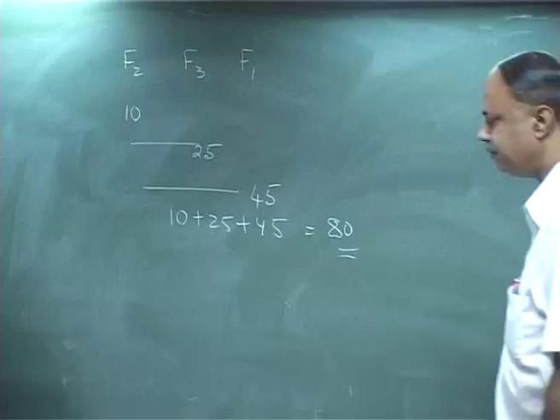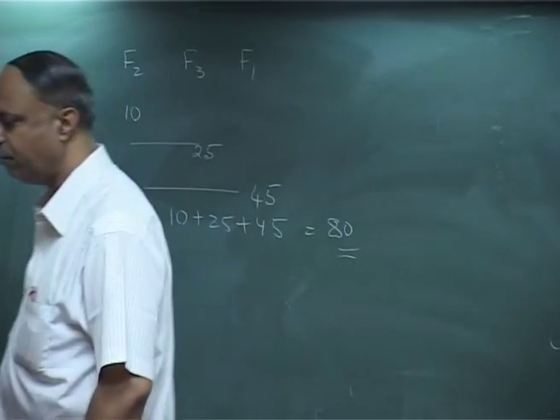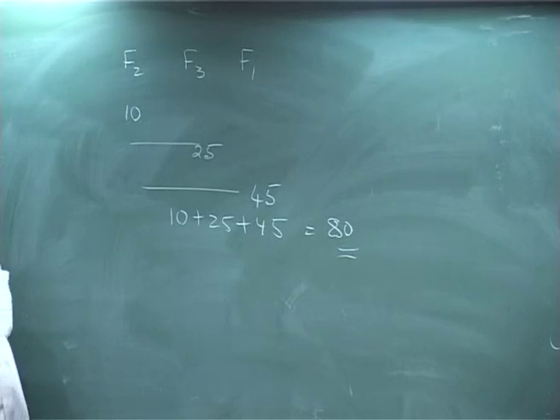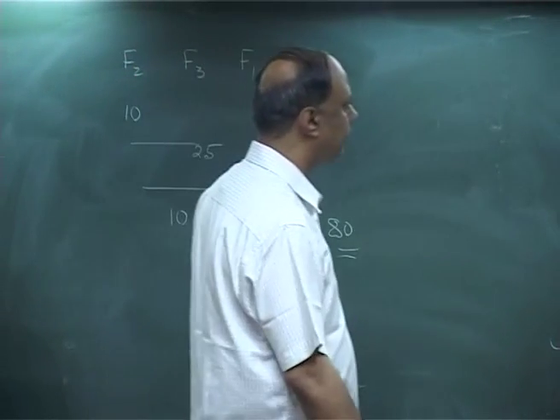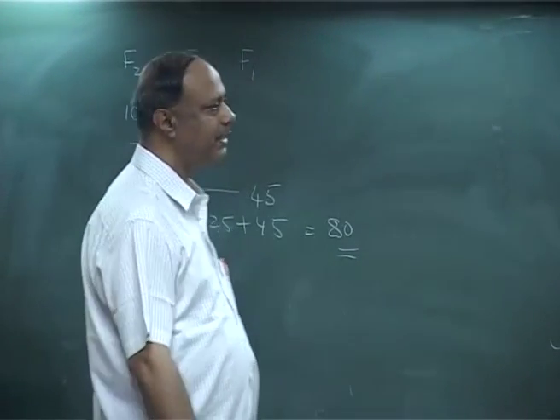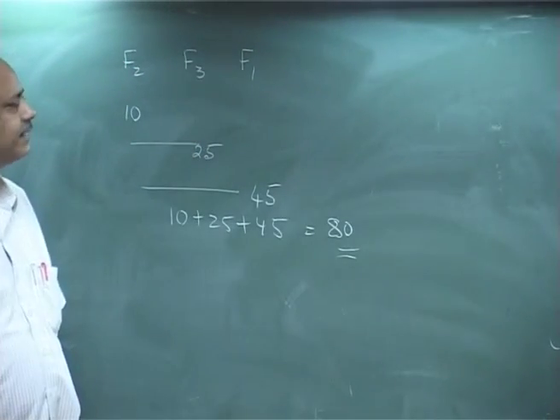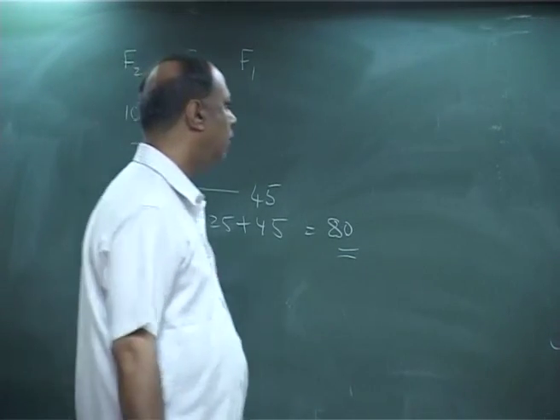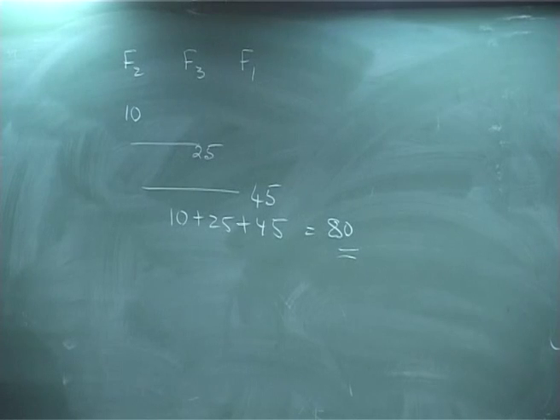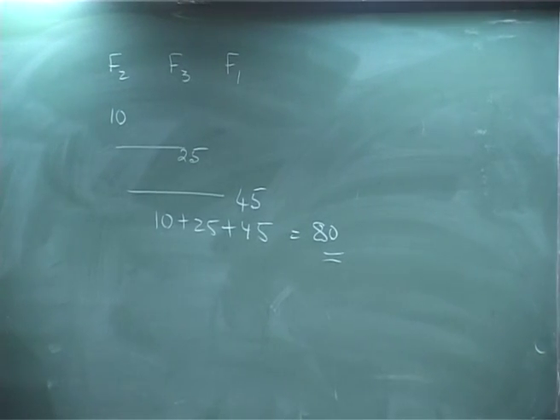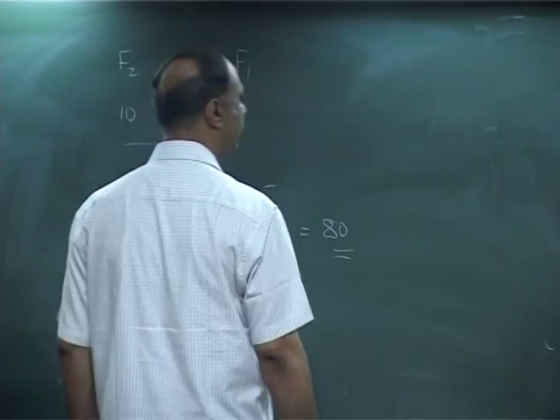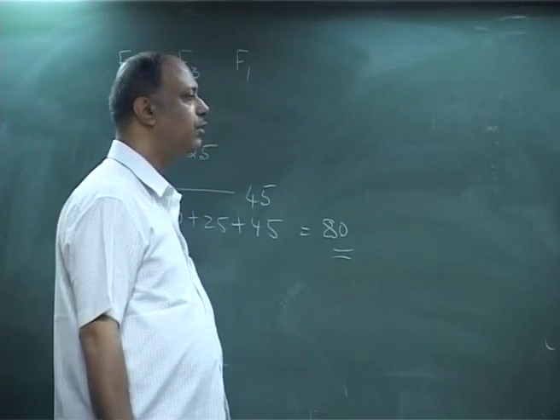You have n files, F1, F2, Fn, with sizes S1, S2, Sn respectively. Initially the solution is phi, and for i equals 1 to n, you select x from the set of n, the file which is the smallest in size. Okay, so S1 is the solution, and is it feasible? Yes, it will lead to a solution.